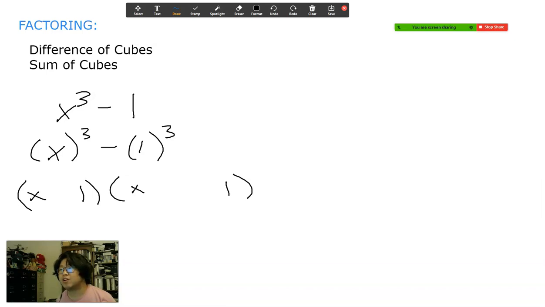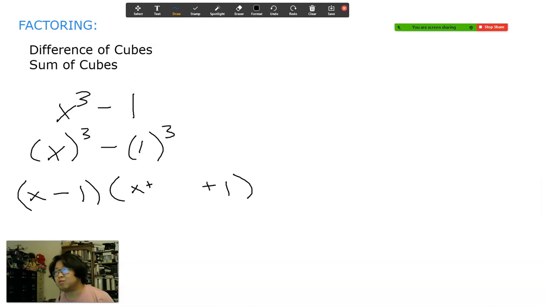However, there is going to be a third term in the second pair, or the second parentheses set. And I'll get to that in a sec. But we see the minus here, so I'm going to put minus here. Okay, so in the little group, the two-piece group, you've got to put the same sign as what you see up here. And then in the second group, if you have minus, it's going to be plus and plus, okay?